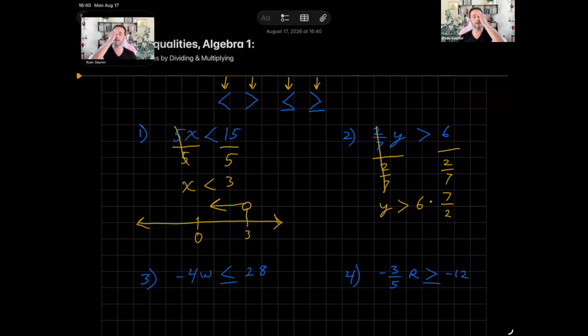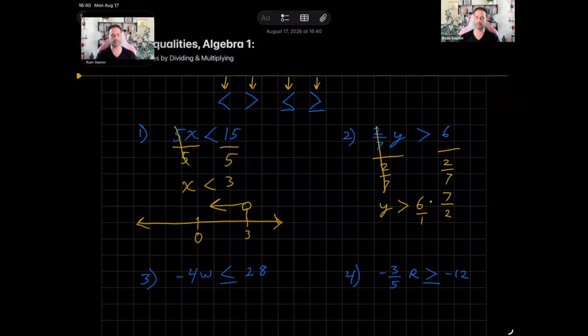What I like to do is cross cancel so I can simplify it first, but you don't have to. Multiplying with fractions, you do top times top, bottom times bottom. So it'd be 6 times 7, and then 1 times 2, because technically there's a 1 here. 6/1 is still 6.